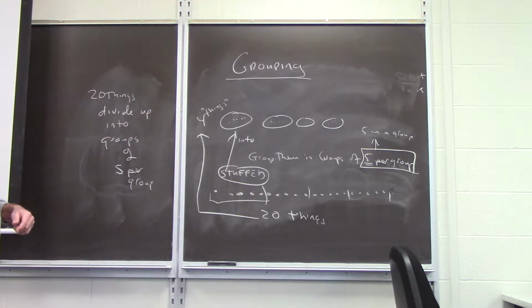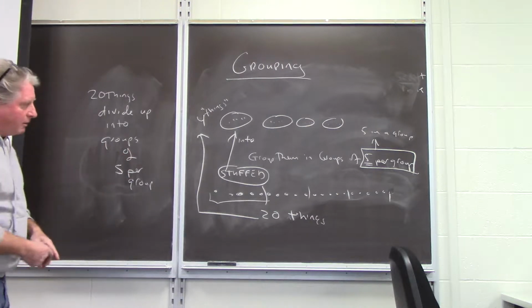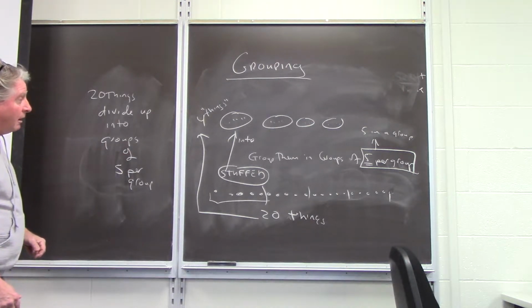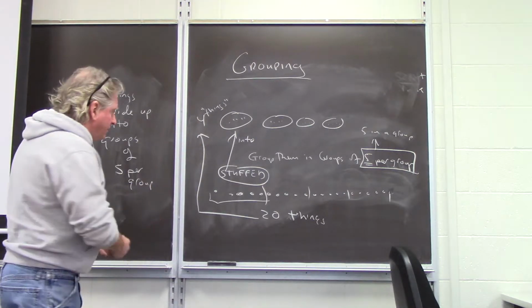Okay. And typically the way that we say this is we divide up into our groups, okay? Makes sense. So the grouping size is 5 per group.